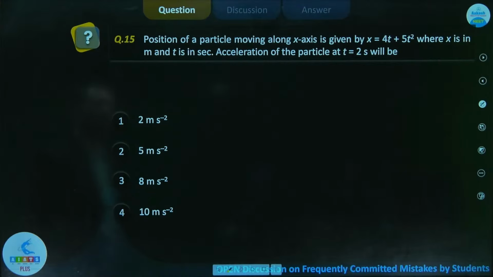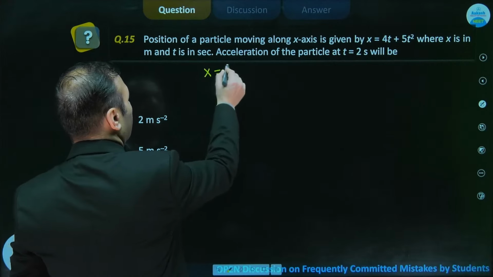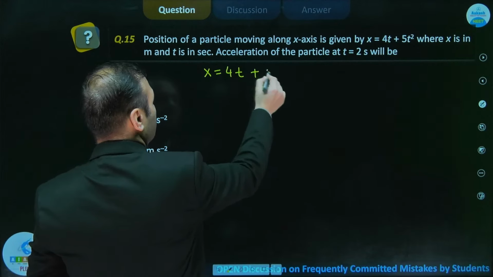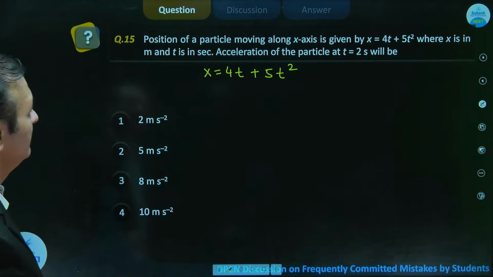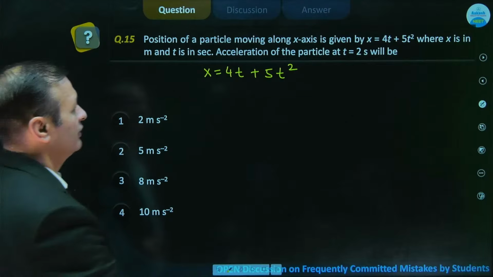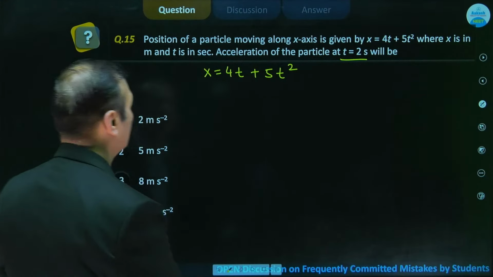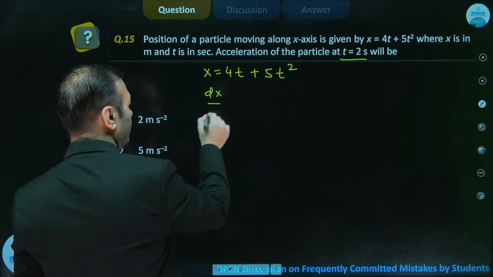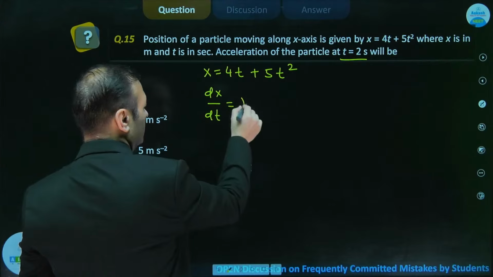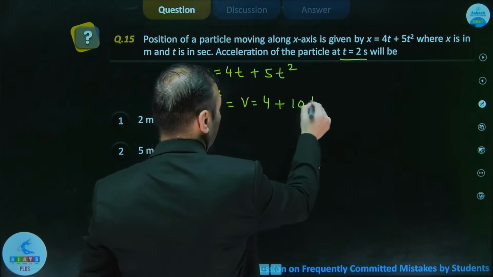Moving to the next: the position of a particle moving along the x-axis is given by x equal to 4t plus 5t square, where x is in meters and t is in seconds. The acceleration of the particle at time 2 seconds will be? Position is a function of time, so when you differentiate, you will get instantaneous velocity, which is 4 plus 10t.